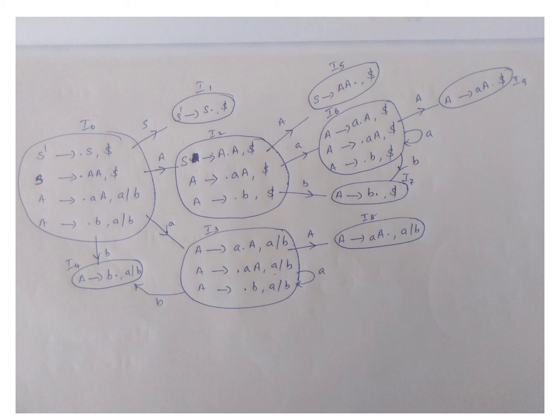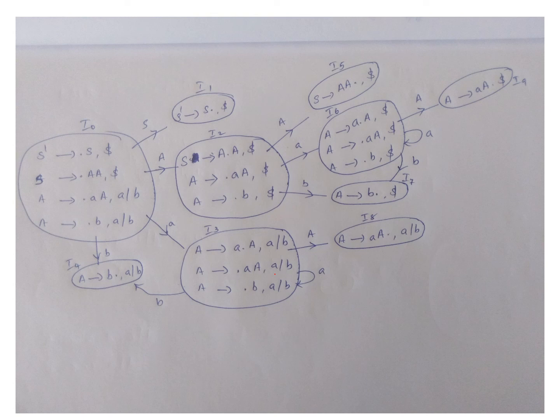Based upon these different states, we are going to construct the LR parse table. When constructing the LR parse table, there will be two different sections: one is the goto part and the second is the action part. In the action part, we write the different actions: shift action, reduce action, then accept, and error.